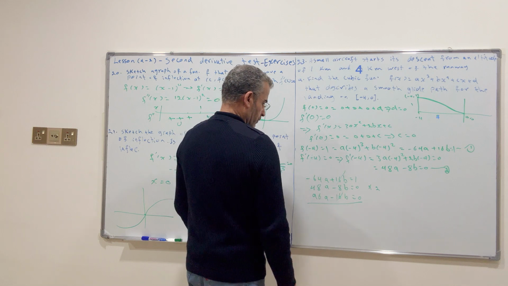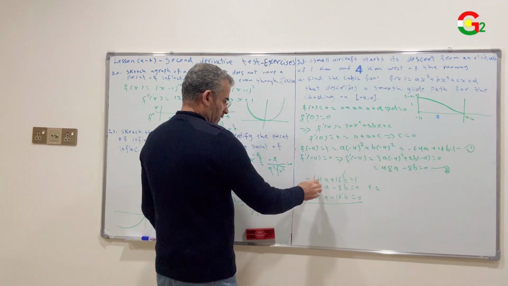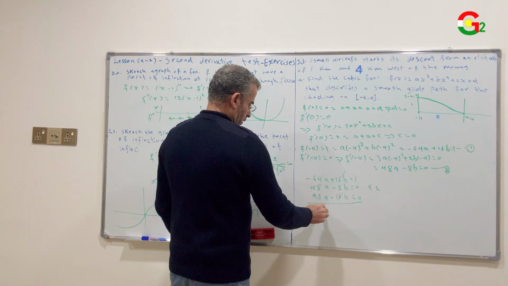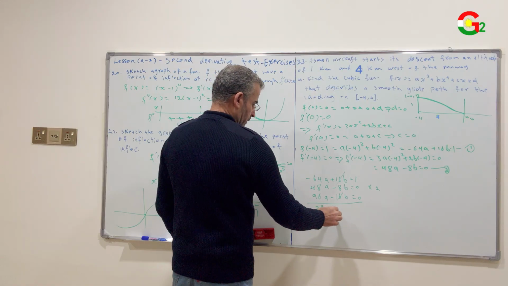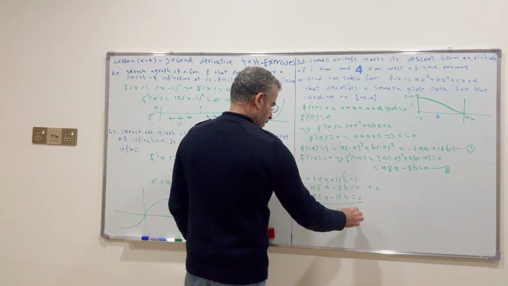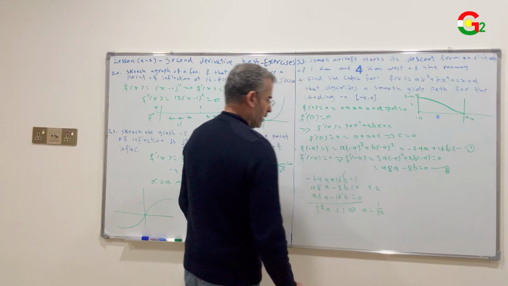Add these two equations: negative 64 plus 96 is 32, so 32a equals 1, then a equals 1 over 32.